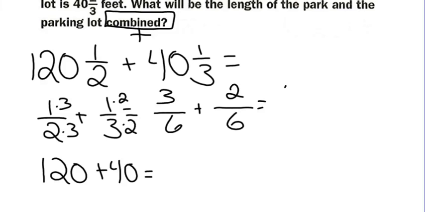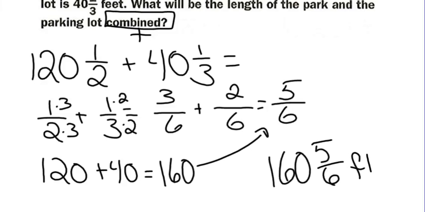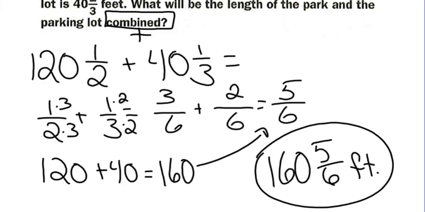Combine them together, you get 5/6. 120 plus 40 is 160. Combine that with our fraction. That gives us 160 and 5/6 feet as your final answer.